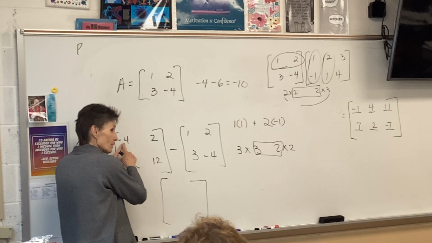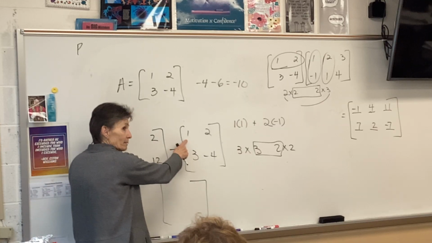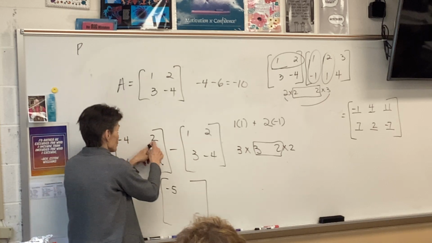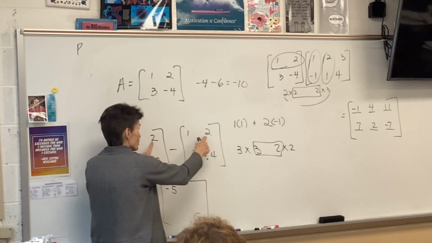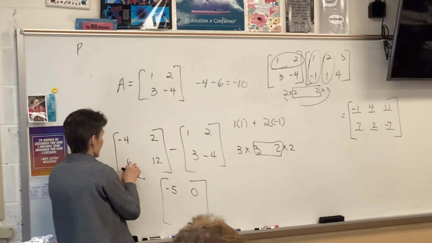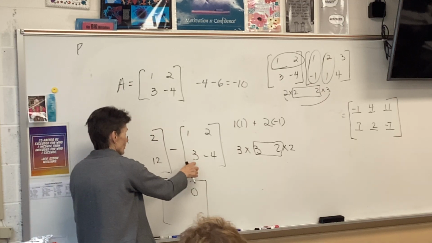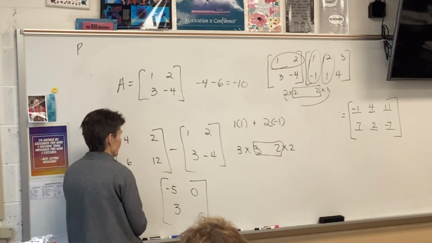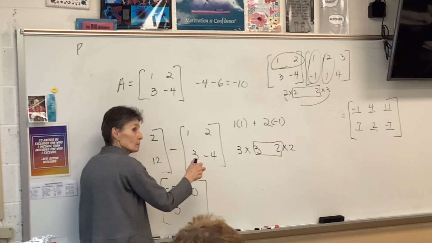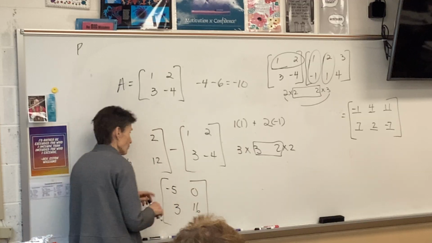Negative 4 minus 1. Negative 1. 2 minus 2. 6 minus 3. 12 minus negative 4. And there's your answer.